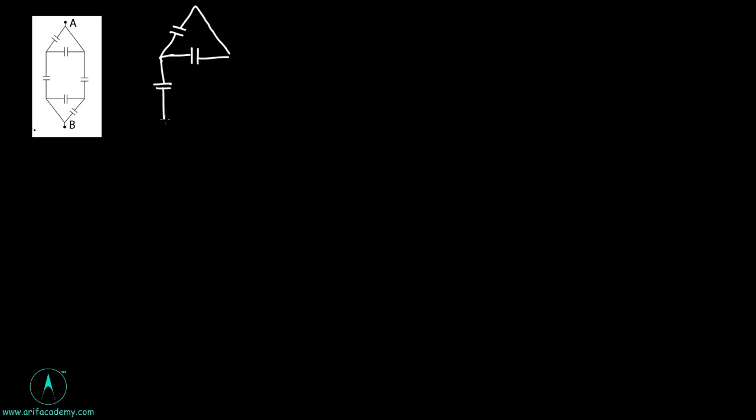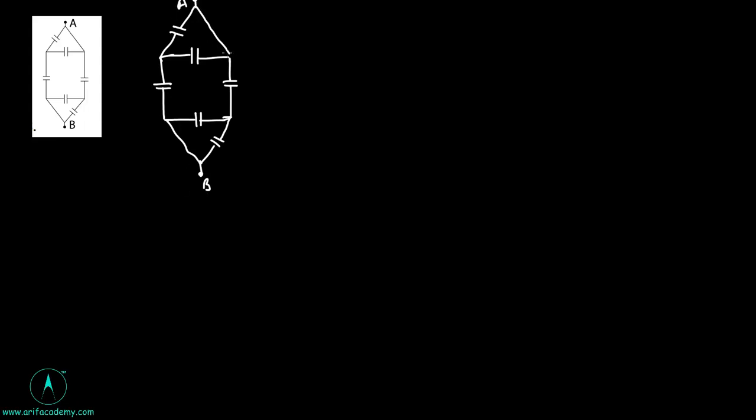So this is the original circuit given to find the equivalent capacitance between points A and B. Always keep in mind about which two points we have to find the capacitance. So this is A and this is B.